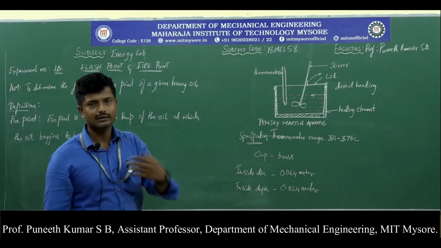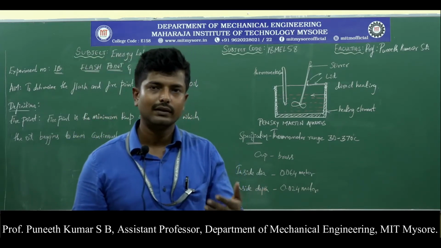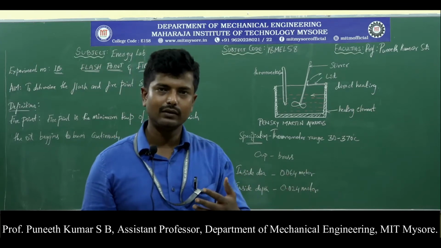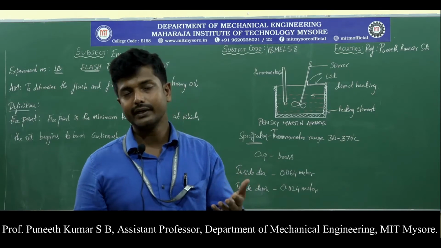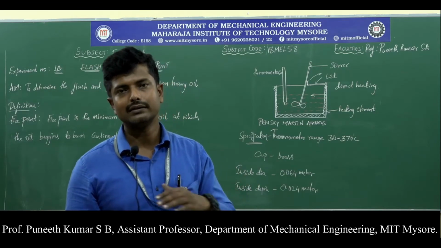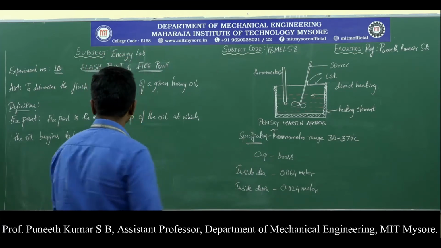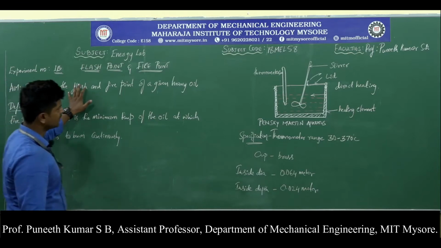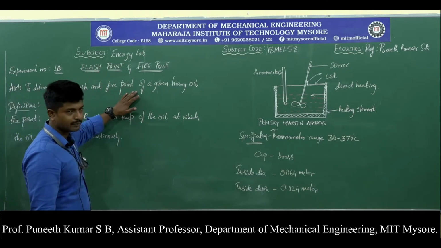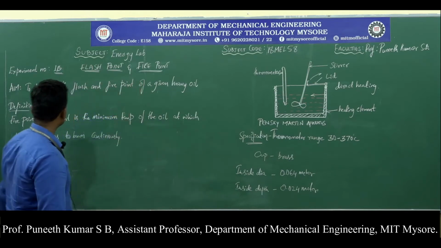Okay, the light oils means petrol, kerosene, these two come under light oil. If I take lubricating oil or 2T oil, these oils come under the category of heavy oil. So the aim of the experiment is to determine the flash and also the fire point of heavy oil. So both we are finding here.